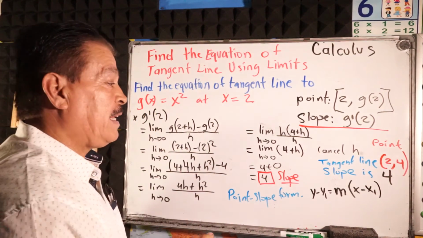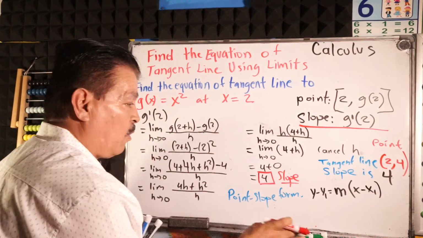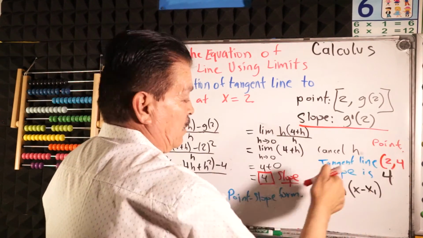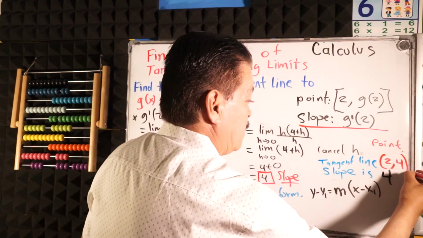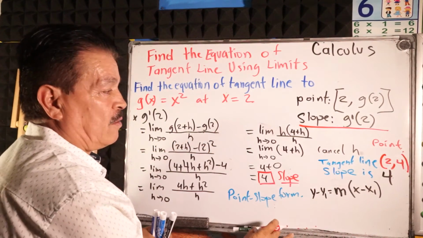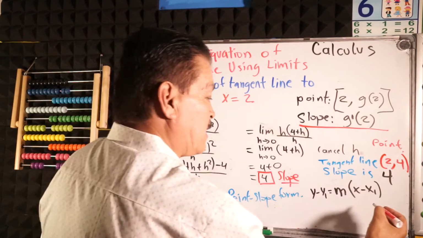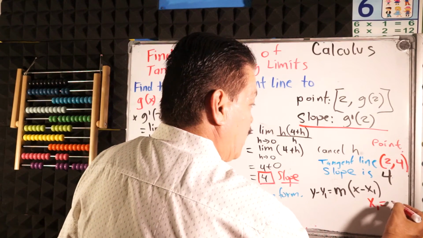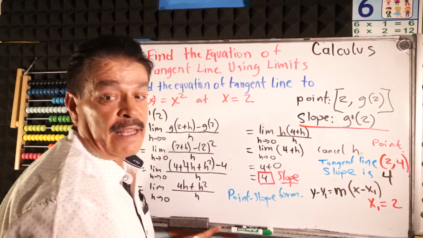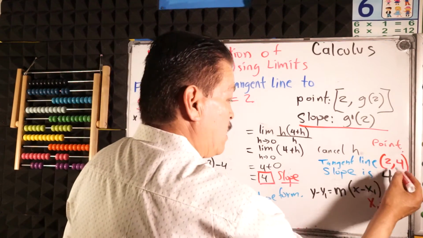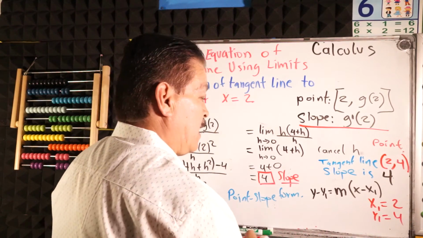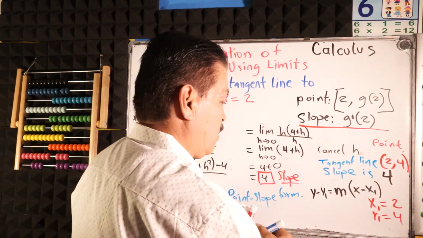Then plug in the point that you have right here. So x1 equals 2, right? y1 equals 4, and then the slope is 4.